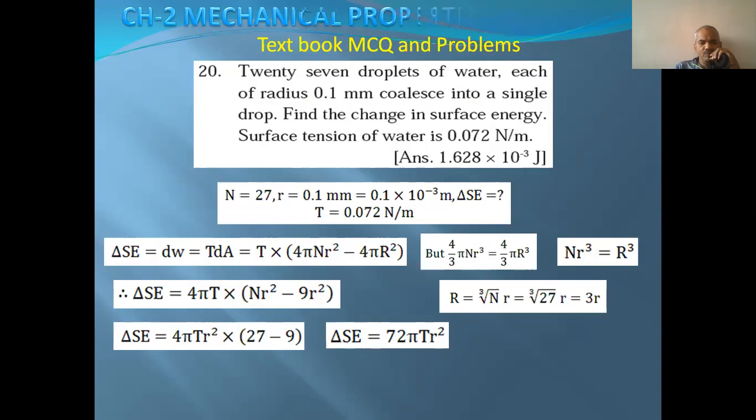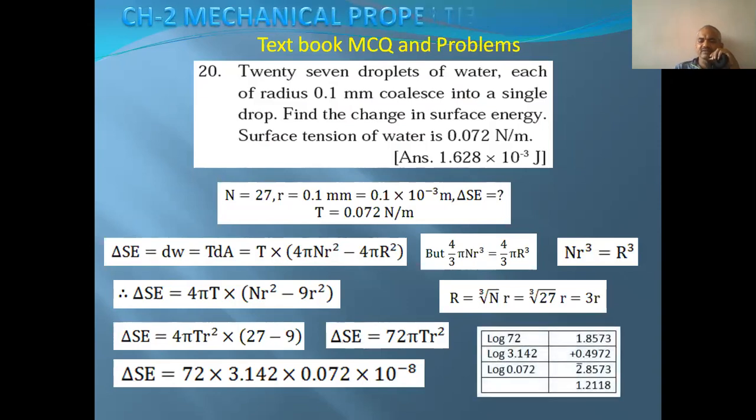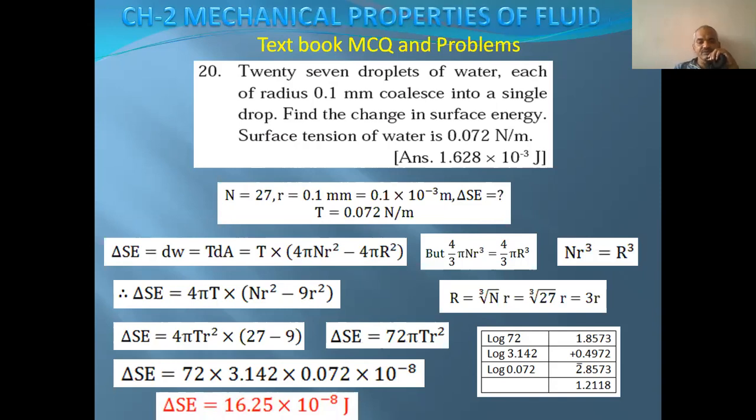Now substitute the values of pi, T and r square. Just use the log tables and calculate the log and anti-log. The value is 16.25 into 10 raised to minus 8 joule. Okay, this gives you the change in surface energy.